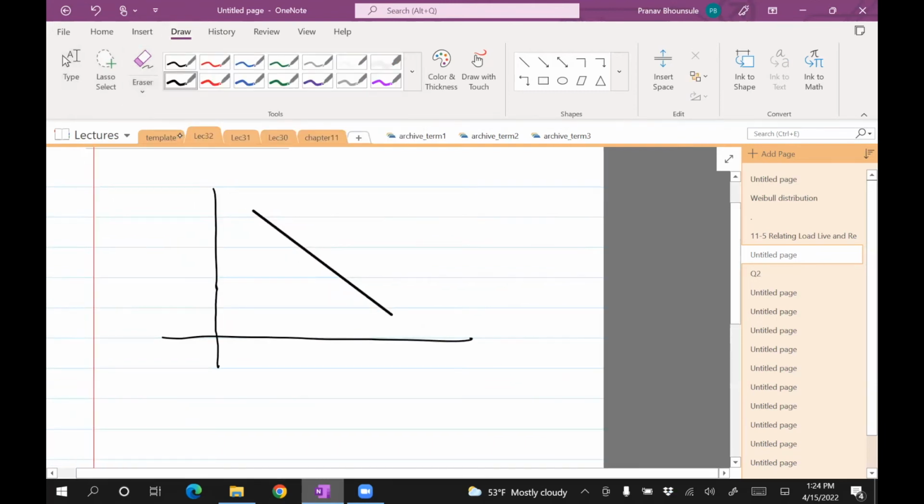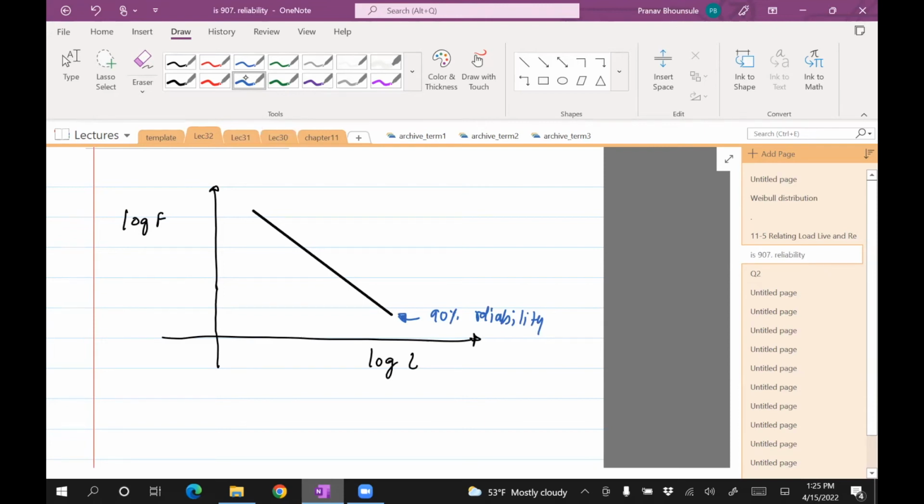Good enough. So log F, log L, and then this is our 90% reliability line.